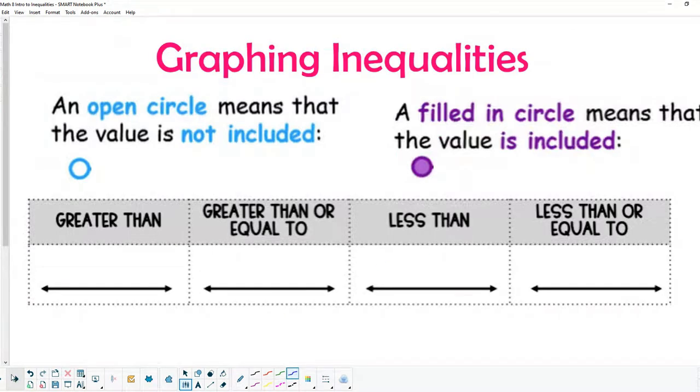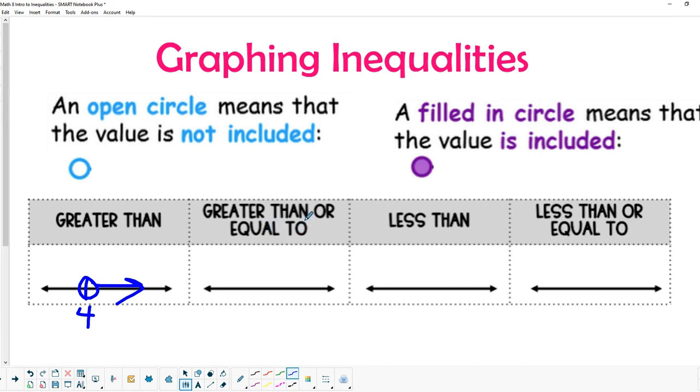All right, so now when it comes to graphing inequalities, there's a specific method that we use. For example, if we have something that's greater than, let's say, greater than the number 4, we would put an open circle at that number with an arrow going to the right. That would indicate greater than.